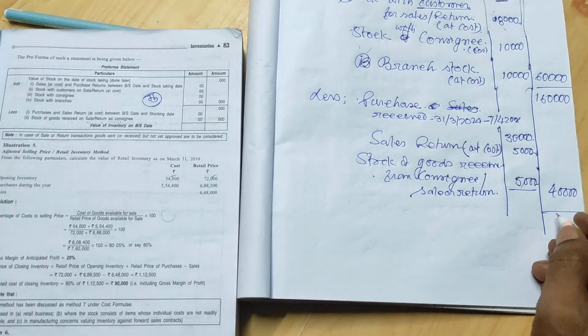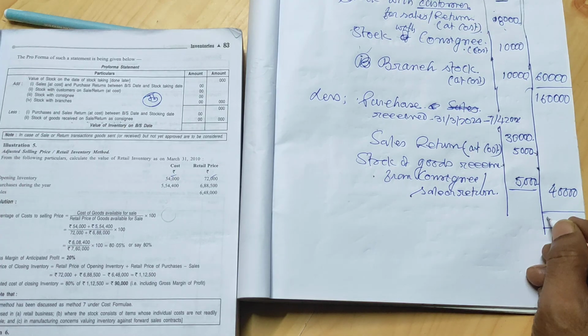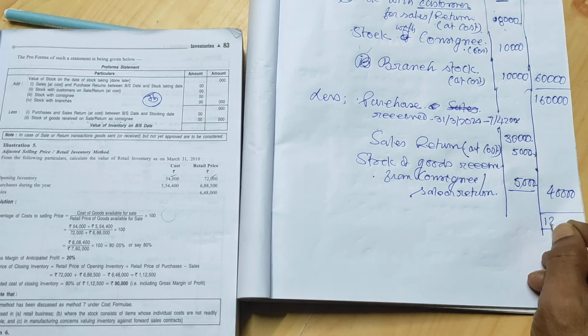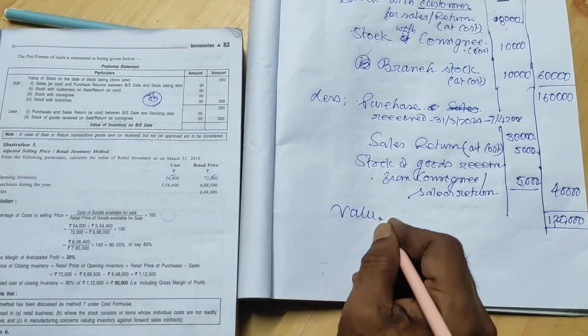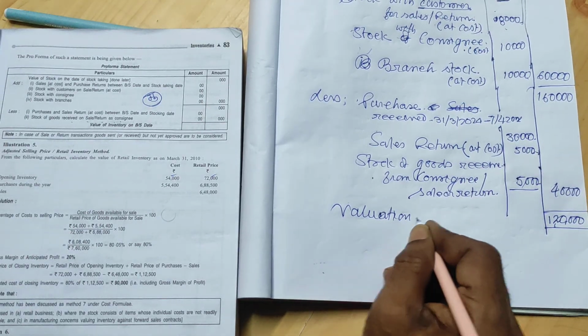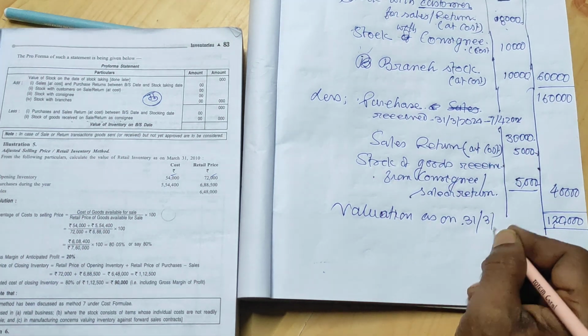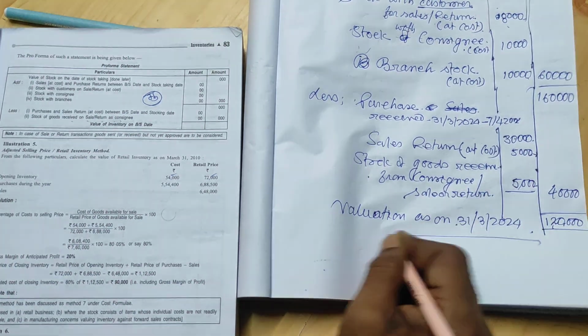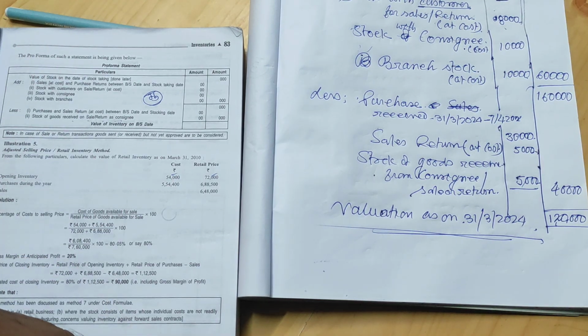And it is your reconciled valuation as on the date of 31st March, it comes to rupees 1,20,000. Fine. It is the value of inventory as on 31/3/2024. The matter is over right now.